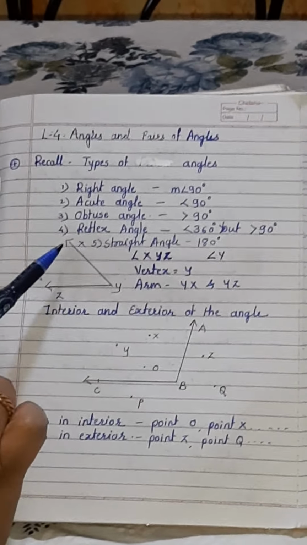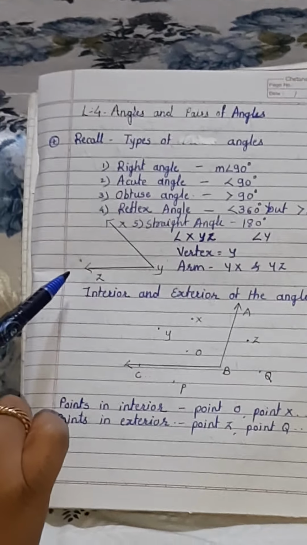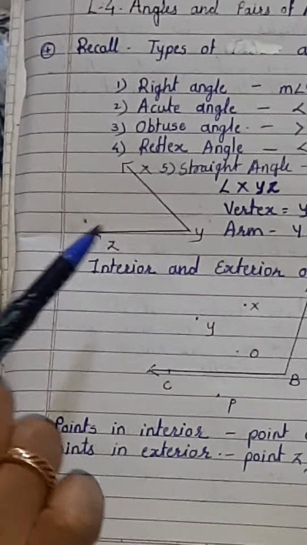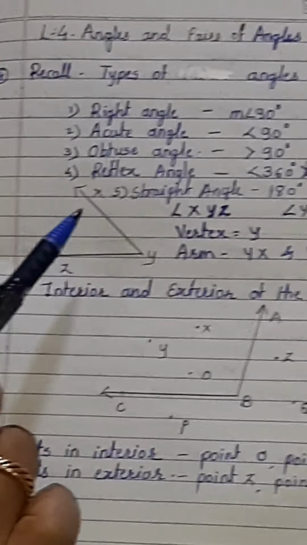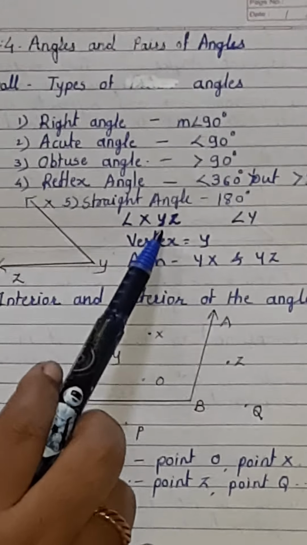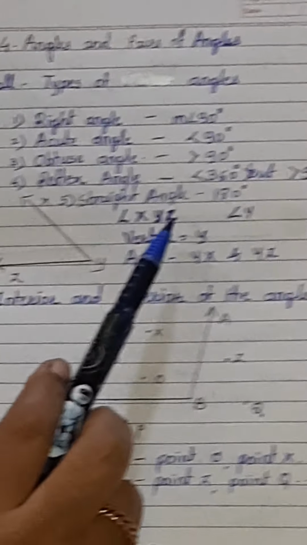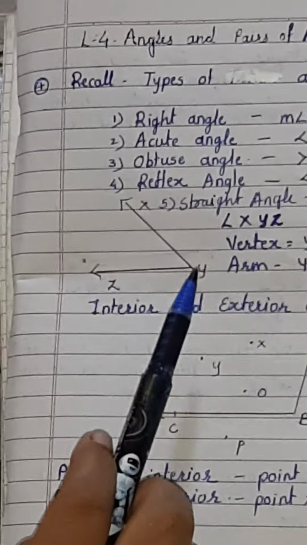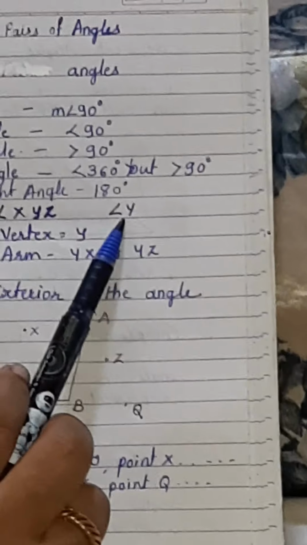So I have drawn here one angle XYZ. Angle XYZ, we are denoting this one with the help of three letters. But sometimes we can denote this angle with the help of only one letter.